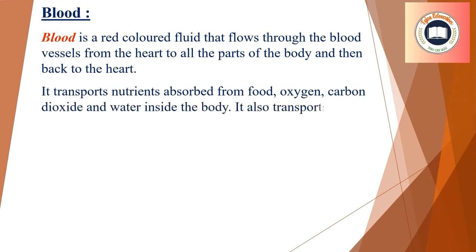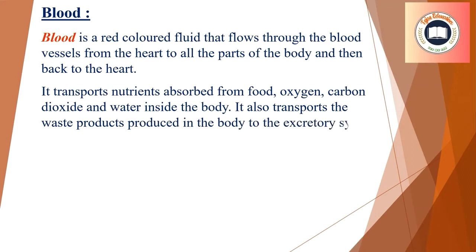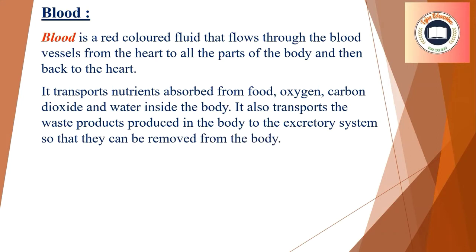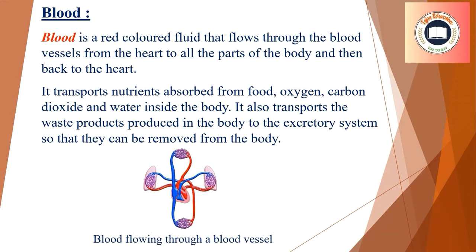It also transports the waste products produced in the body to the excretory system so that they can be removed from the body. Down you can see the diagram of some blood flowing through a blood vessel.